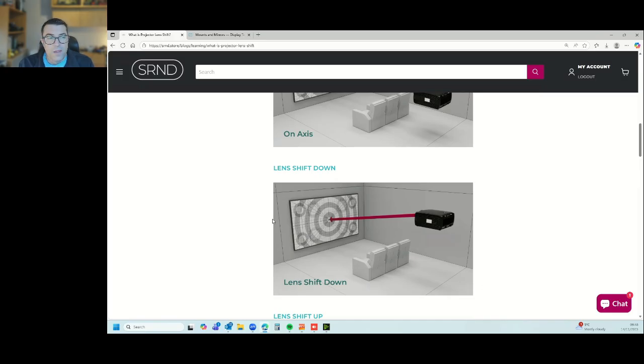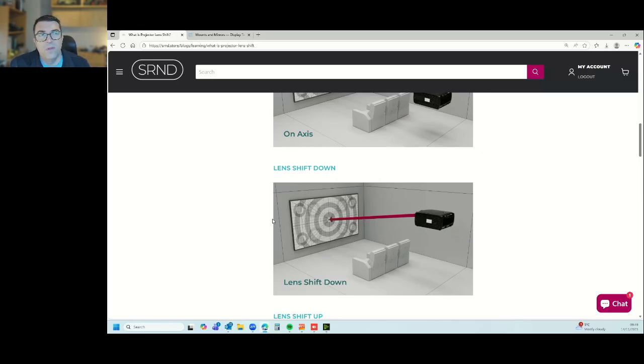Okay. Now, people seem to have a bit of an understanding of lens shift, but we still get asked quite a lot about it. So, lens shift is different from keystone. Keystone is just when you tilt the projector, and keystone introduces optical artifacts, like the image isn't square and all that type of stuff.